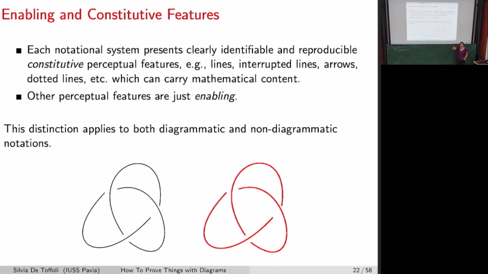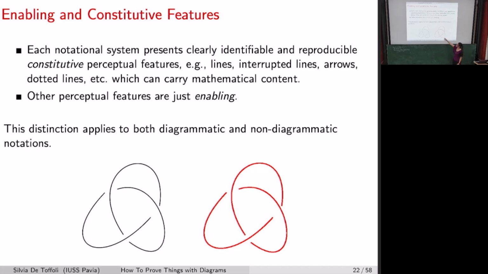That doesn't mean it's always just enabling. Sometimes the color encodes mathematical information in other notational systems. Even in knots, I can have an invariant called tricolorability, in which I color each strand of the knot in a mathematically significant way.